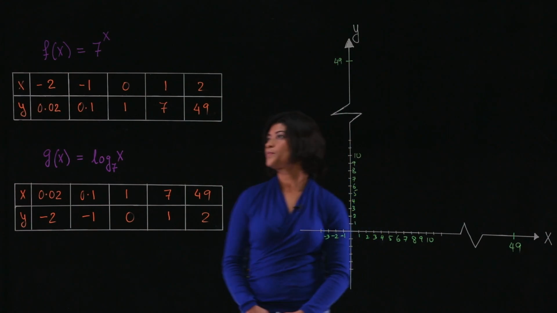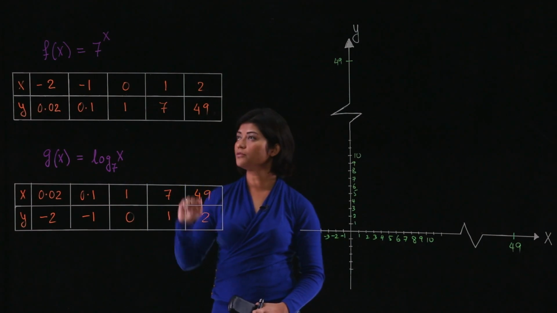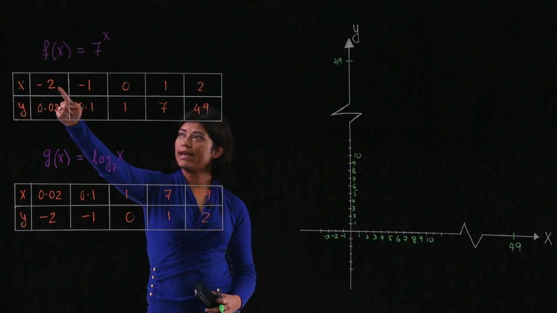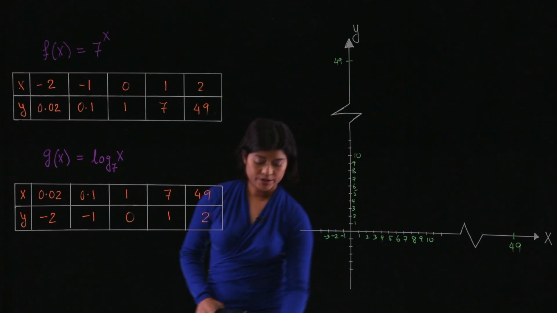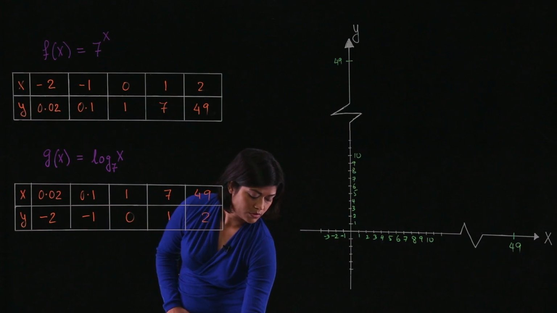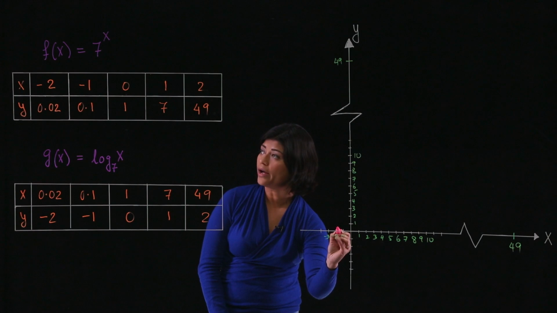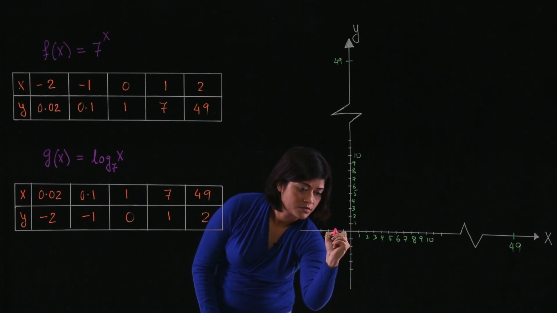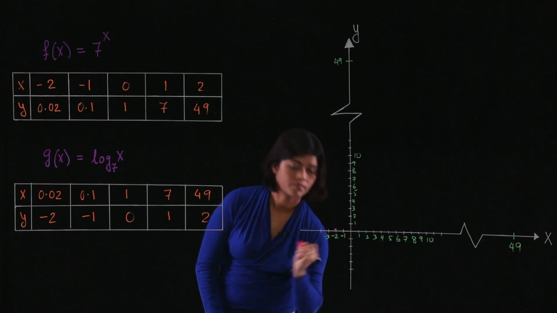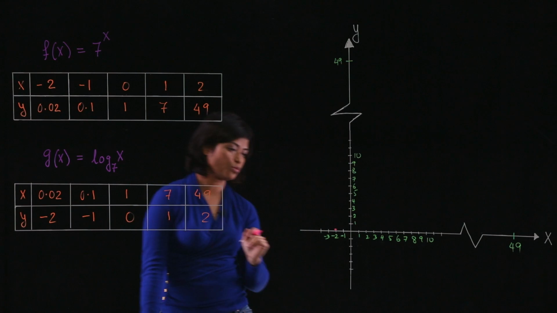All right, so let's start with plotting the function f. So the first point is x equals -2 and y is equal to 0.02. So when x is -2, y is very, very close to x-axis. All right. Now, next point, -1, 0.1.